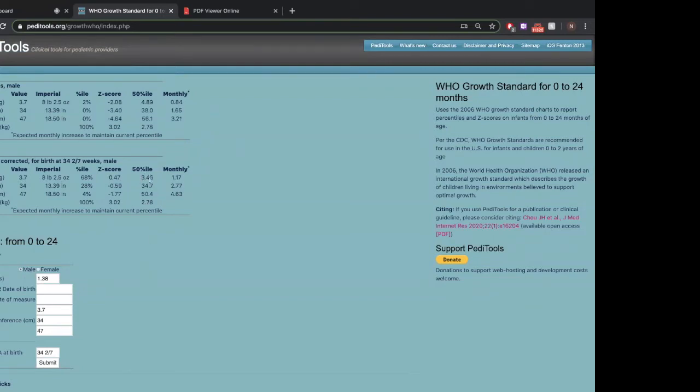So they would need to be at, say, 3.46 kilograms to be at the 50th percentile? Yes, and they're at 3.7. And if we slow down their weight to 1.17, we would be able to get them to the 50th percentile. Okay, I didn't know that.